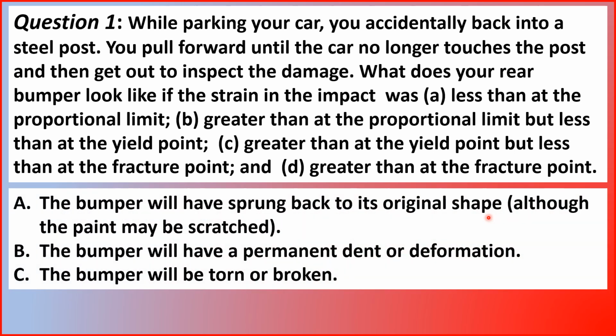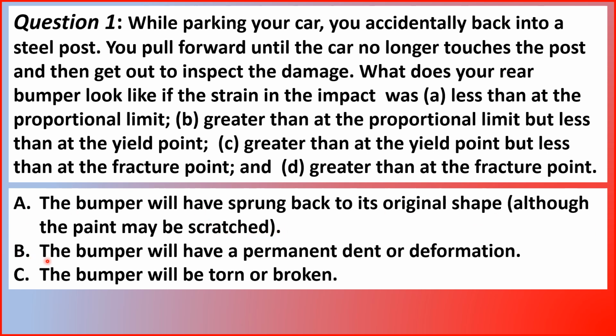So here are the descriptions for you to choose from for each of these four situations. Which among A, B, and C will match each of these situations? Option A, the bumper will have sprung back to its original shape, although the paint may be scratched.